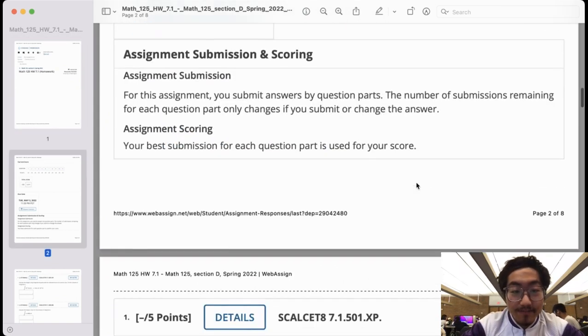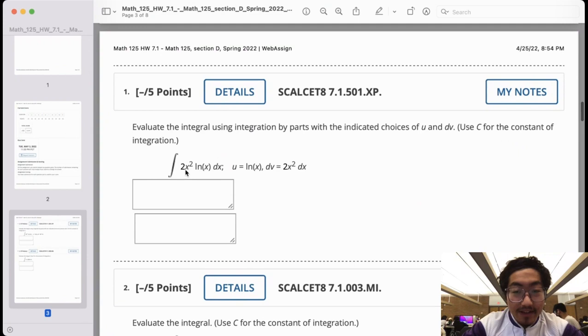So let's get started. Here we have x squared and natural log of x. If you see any kind of natural log of x function, use integration by parts. To decide how to do the parts, the u and dv are going to be two parts.